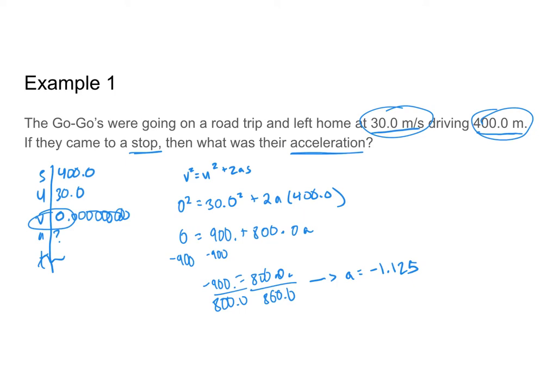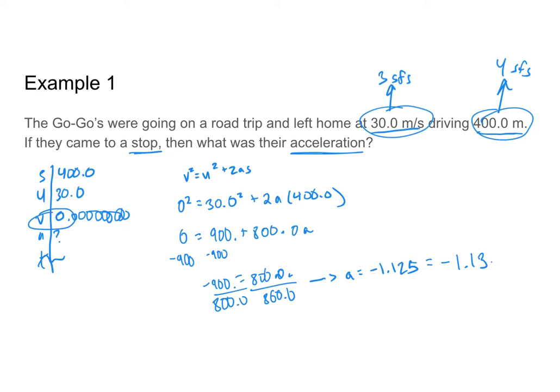So instead, we're going to look at the two numbers we're given: 30.0, which has 3 sig figs, and 400.0, which has 4 sig figs. Since 30.0 has fewer than 400.0, I'm going to round my number to 3 sig figs, giving me negative 1.13, because that 5 is going to cause my 2 to round up instead of down.